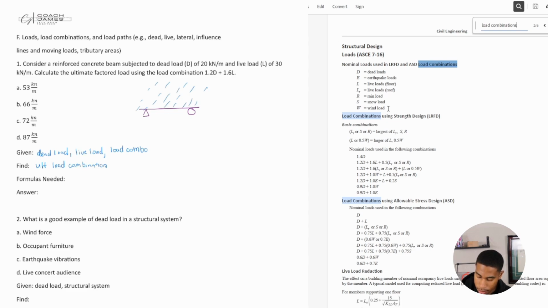This is just random, but I'm trying to explain that for this particular beam, you're going to have a rain load. And in some of these combinations, it accounts for these different types of things.